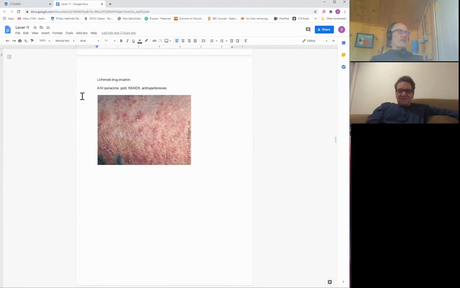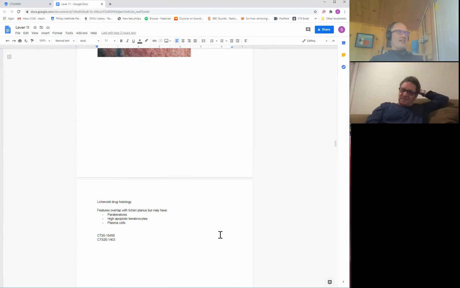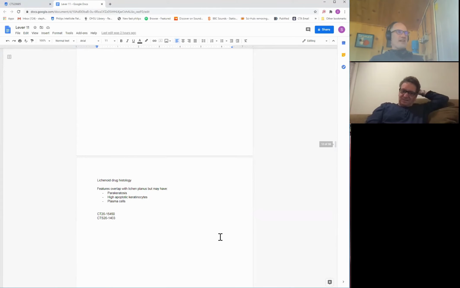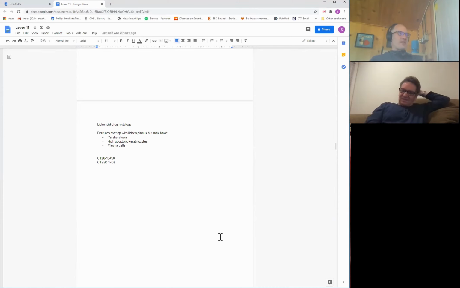These clinical images are borrowed from DermNet New Zealand and a couple of other internet sources, but lichenoid papules with superficial scale, purple papules, can look very similar to lichen planus, but different clinical distributions.